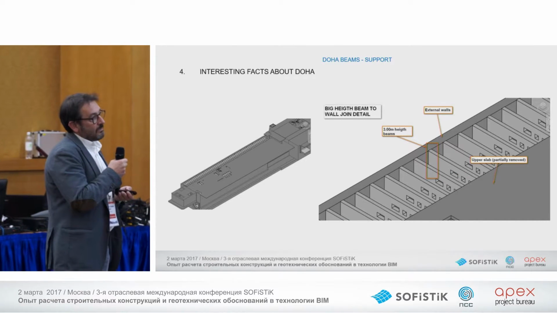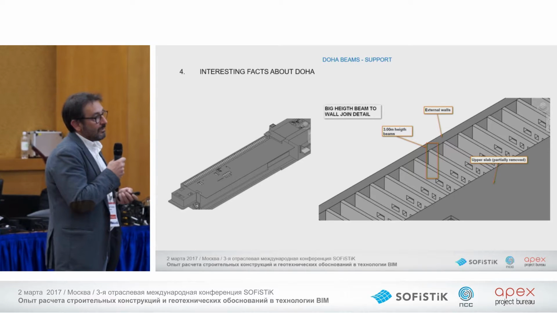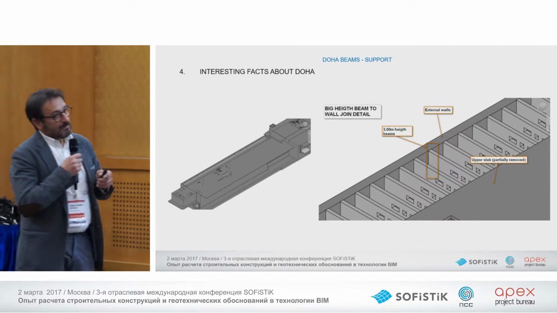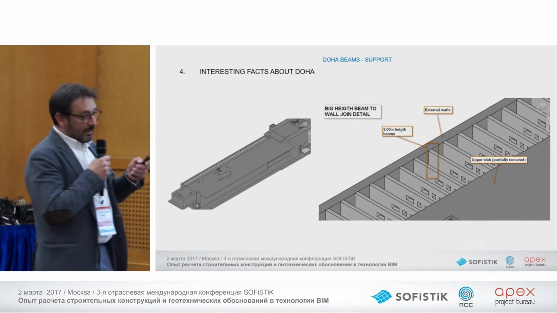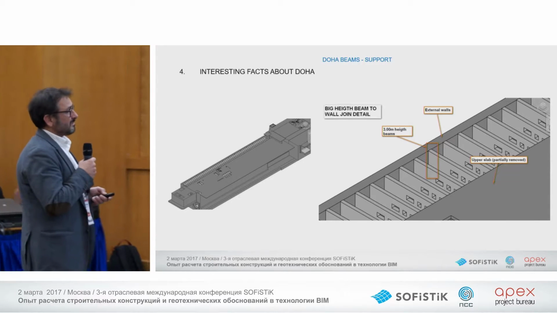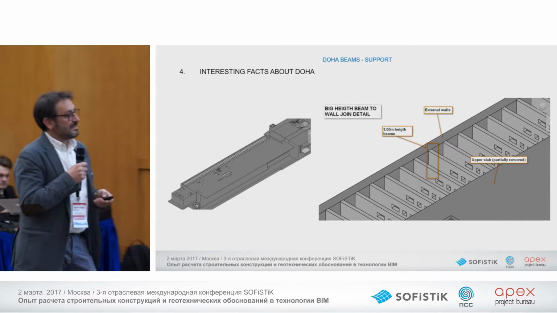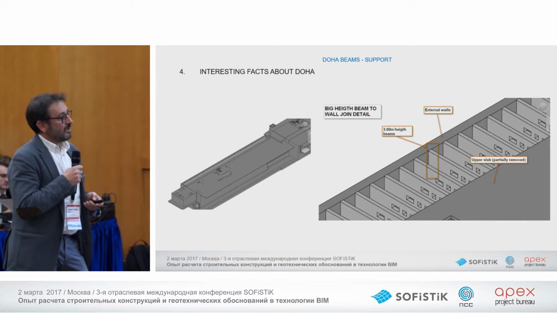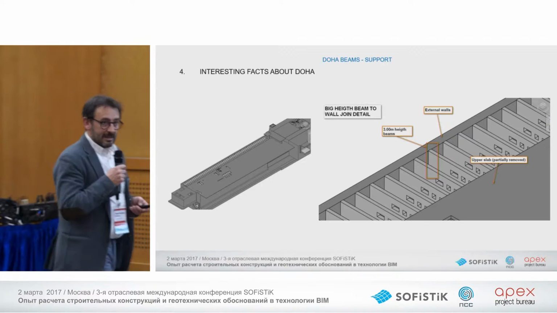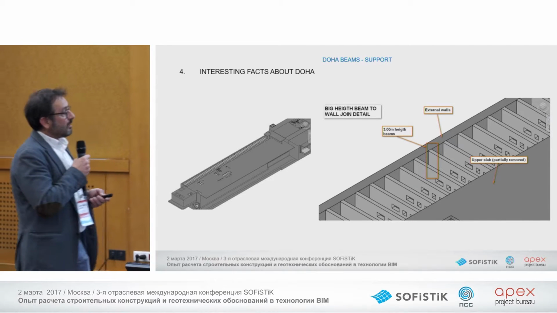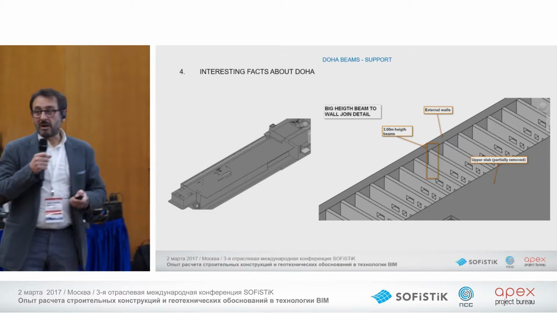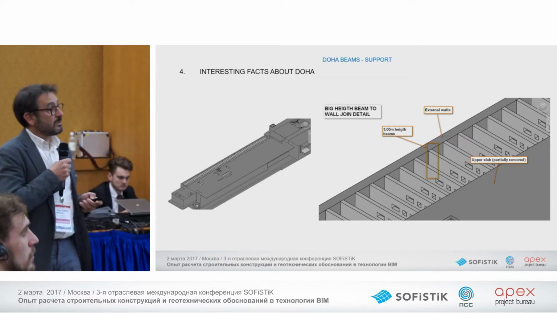Another important thing is, for example, the interaction between a beam with a big depth and a wall. If you make a simple approach, you can support this beam with a fixed end in the wall, but you will not be able to study the real behavior of those efforts.